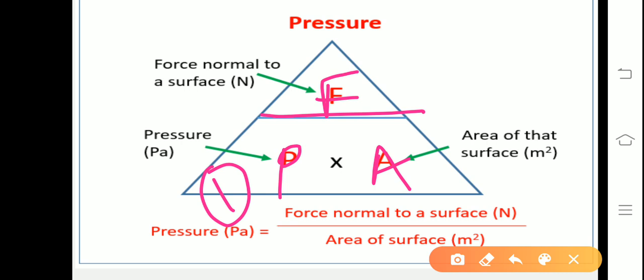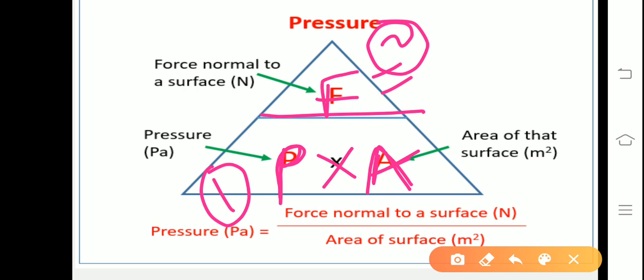Then if you want the force formula, force is equal to pressure into A. This is the second formula. Then you can also write the area formula with respect to force and pressure: area is force by pressure. Understand? So in this way we can write three formulas. This is nothing but the triangle rule.